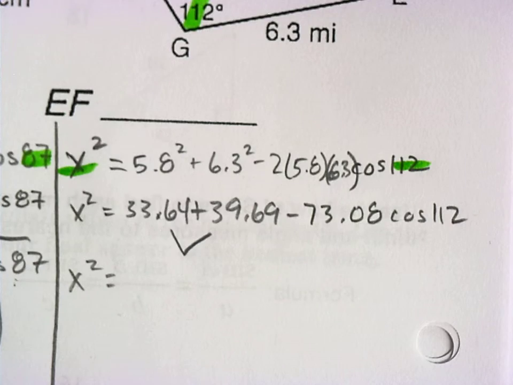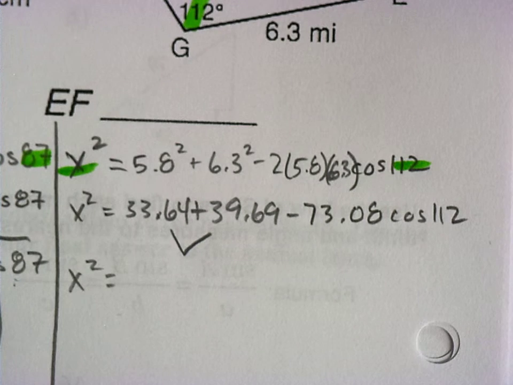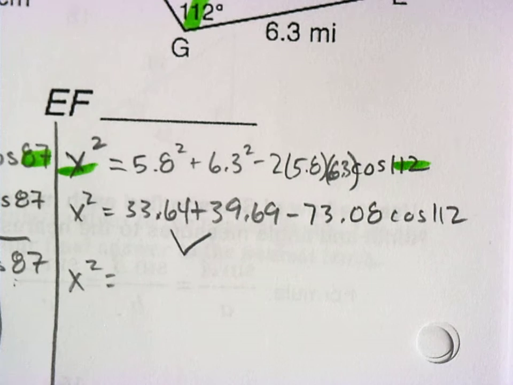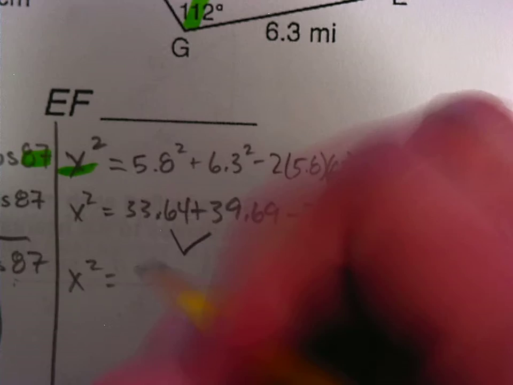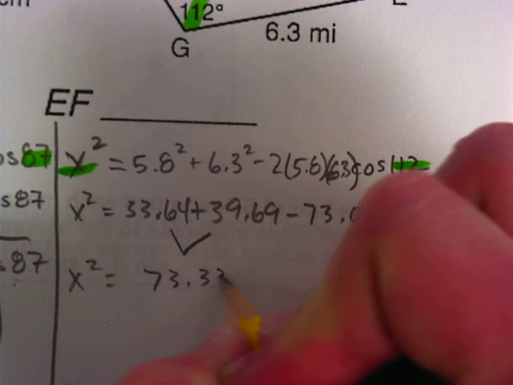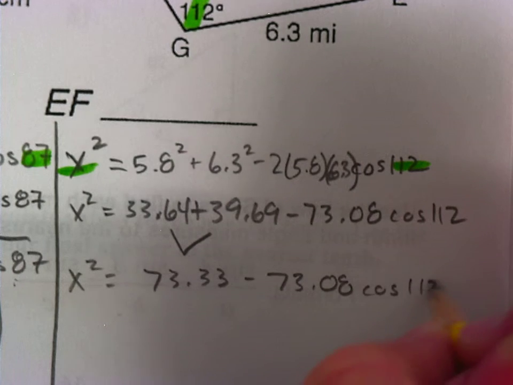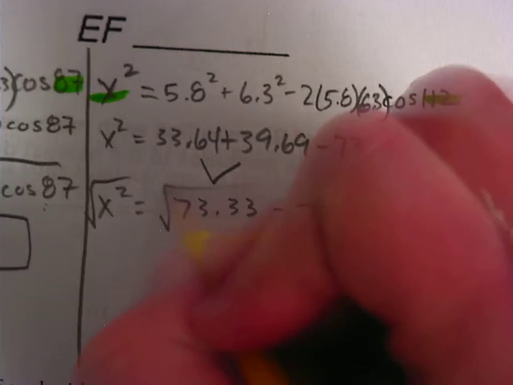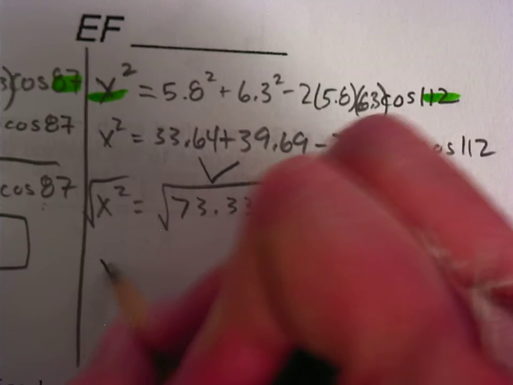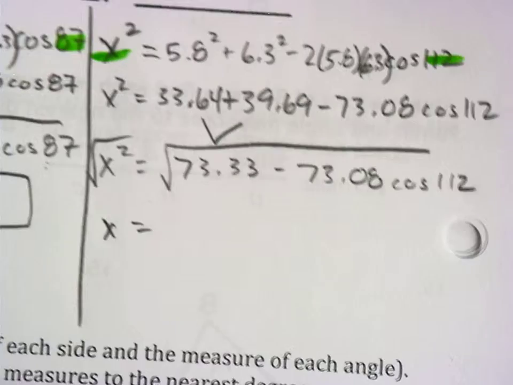X squared equals 33.64 plus 39.69, 73.33 minus 73.08 cosine of 112, and square root, then just plug into the calculator.